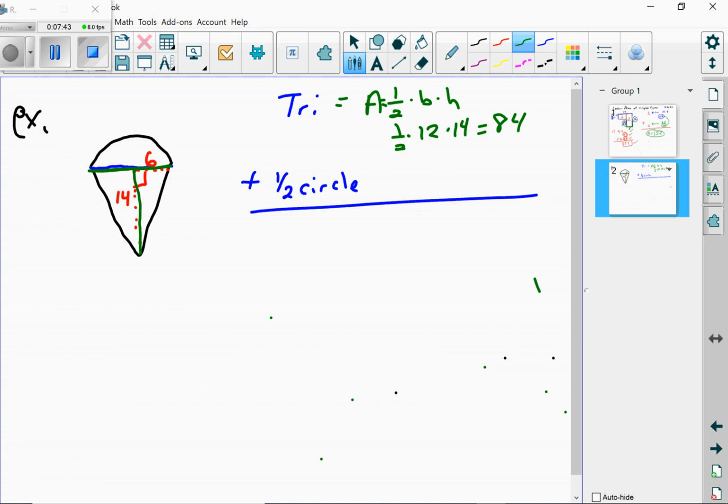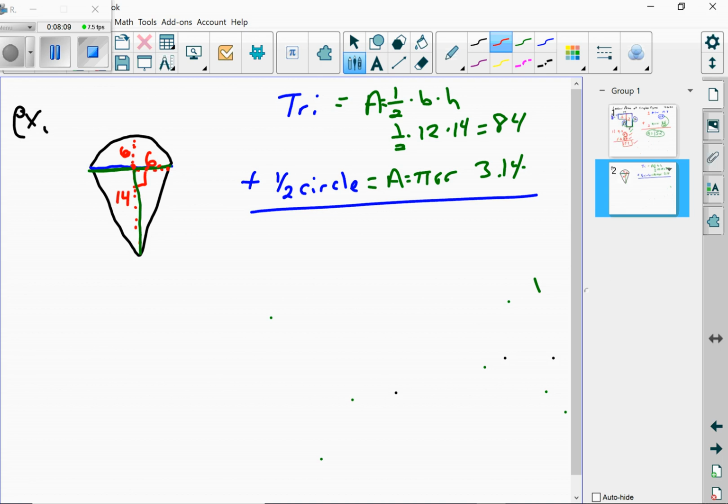Okay. Now let's do the circle. You guys know the area of a circle, pi r squared. So that's 3.14 times my radius, which is going to be that distance, from this dot up to there, which is the same as this dot over to there. So it's a 6.